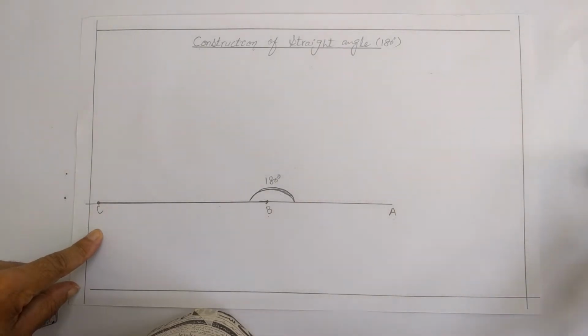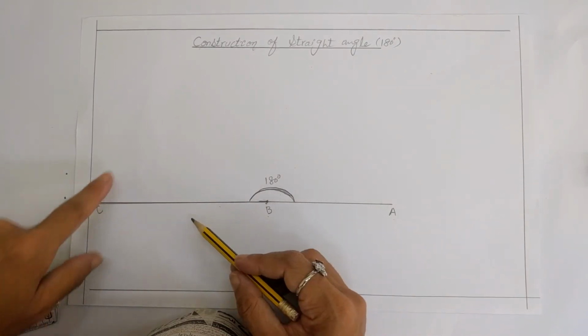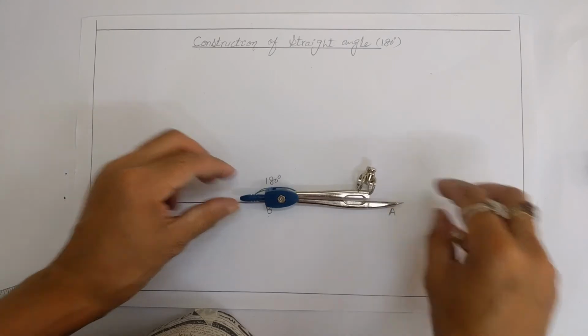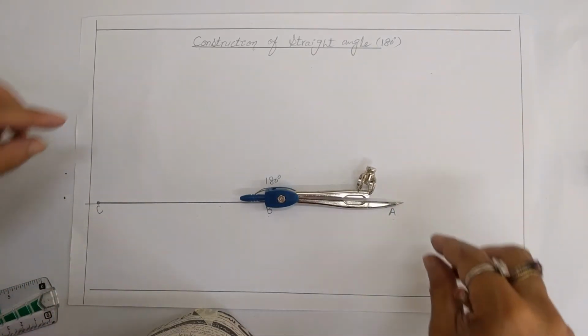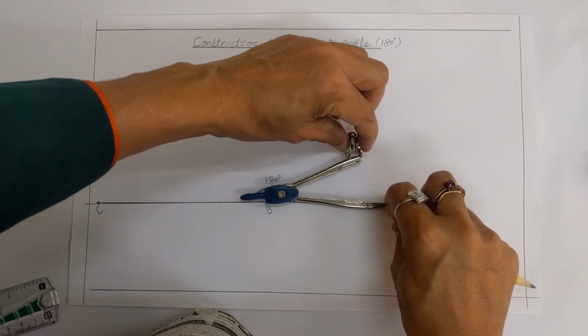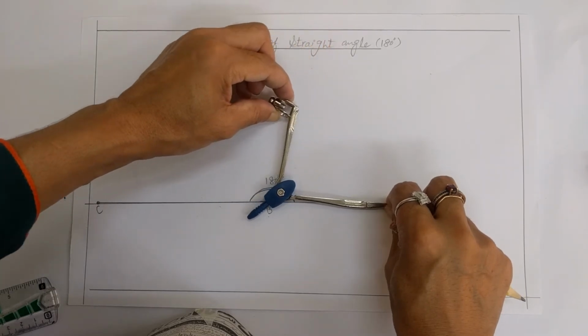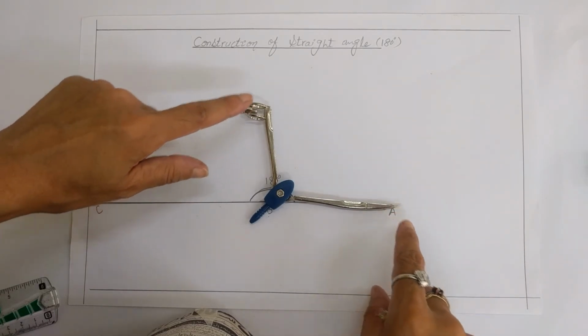I will also show you with the help of the protractor the movement of the arms. This arm was actually in the very first position. This arm was like this. When you want to construct the angle, the movement of this arm is like this, and this arm starts the movement like this, and here this protractor is just moving at this position.